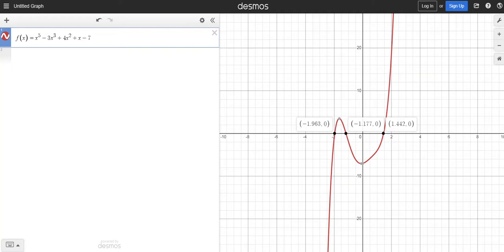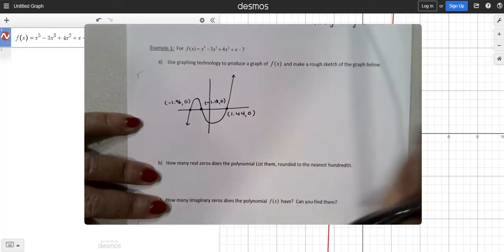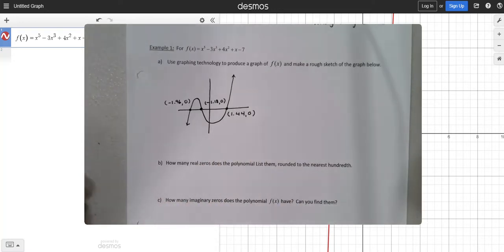Negative 1.96, comma 0. The next one, negative 1.18, comma 0. And the last one, 1.44, comma 0. So this is what my paper looks like right now. Again, very, very rough graph. The thing I'm really interested in are those x-intercepts.